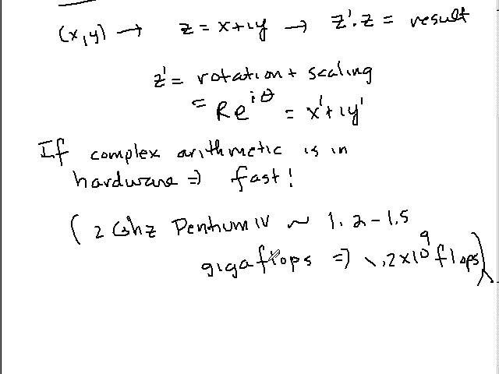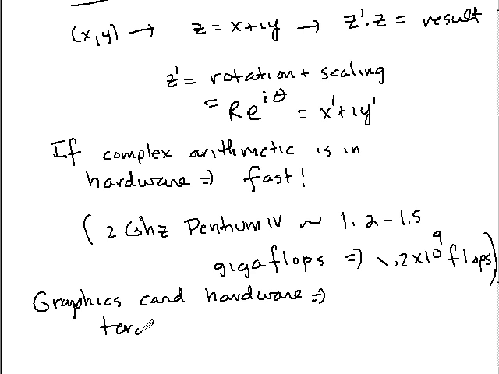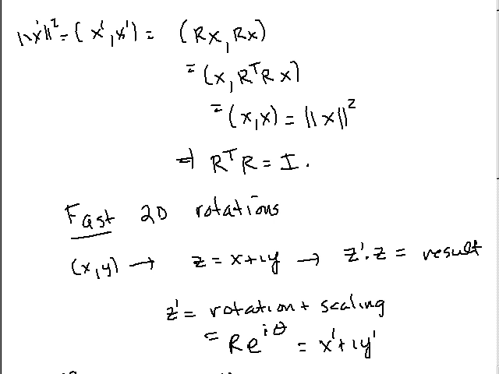Specialized graphics cards can even get up into the teraflop range. So the graphics card, if it has it in hardware, can do teraflops. I mean, that's a million times a million flops. Of course, these kind of graphics cards are a little pricey, maybe $300 a pop rather than $80 or something.